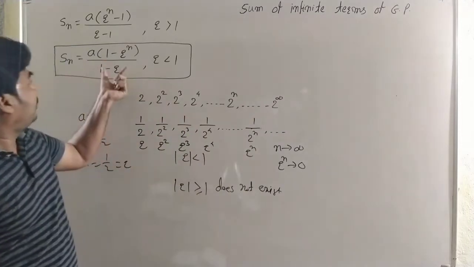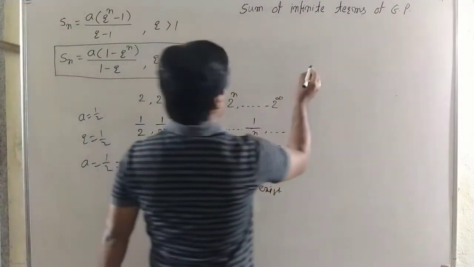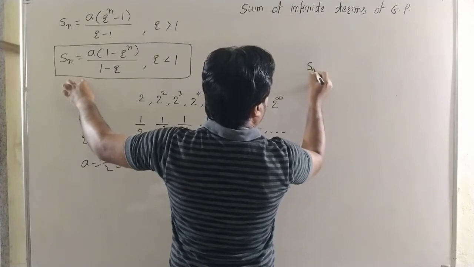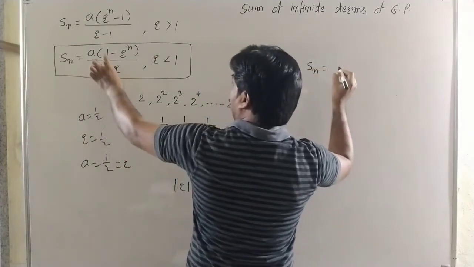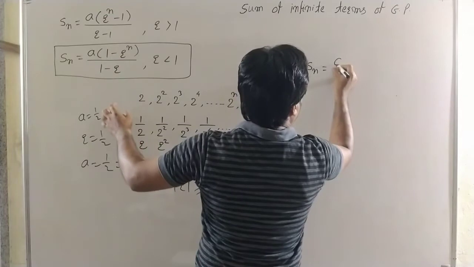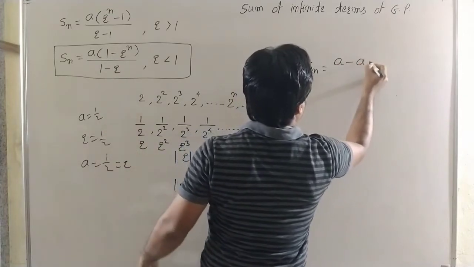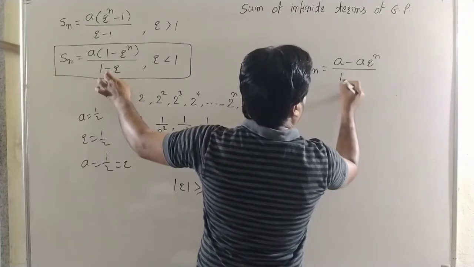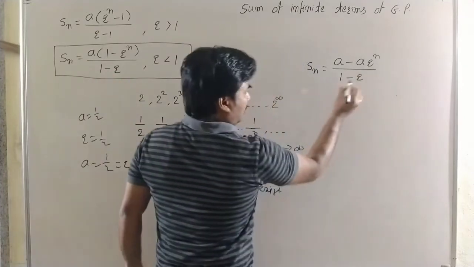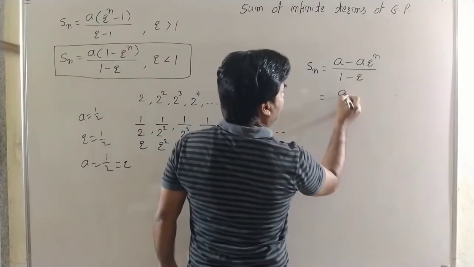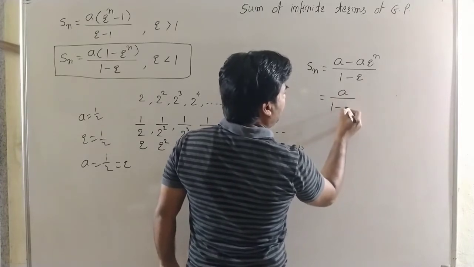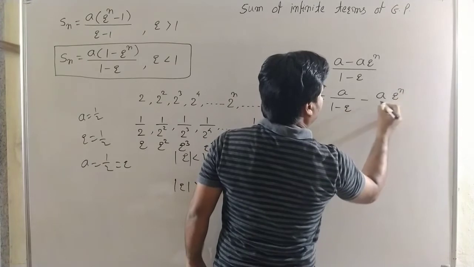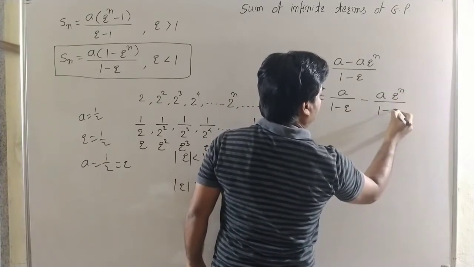Now we know the formula for the sum: Sn is equal to this, which we can write as a minus a into r to the power n, upon 1 minus r. We can separate this as a upon 1 minus r minus a into r to the power n upon 1 minus r.